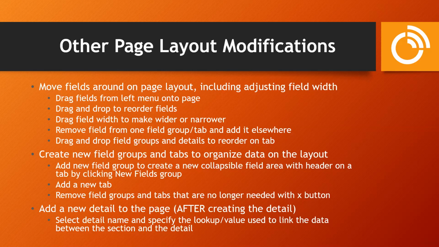You can also remove field groups and tabs. And you can also add details to a page. As this mentions, after creating the detail, depending on what type of detail you're creating, it's a slightly more involved process, but we can take a look at that as well.